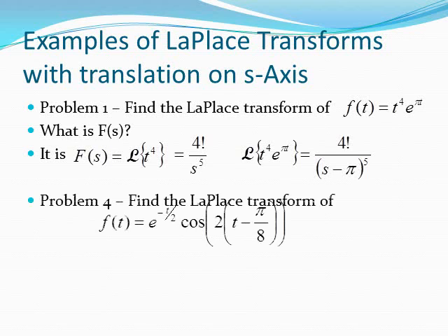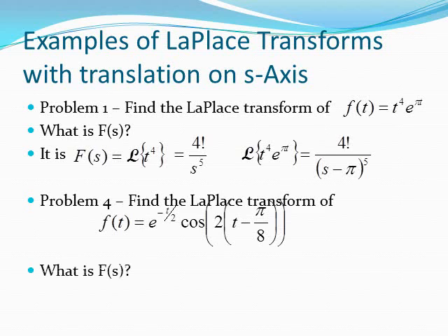Alright, let's try it again. Let's look at problem 4 in this section. Here our function is e to the minus 1/2 t times the cosine of 2 times the whole thing, t minus pi divided by 8.